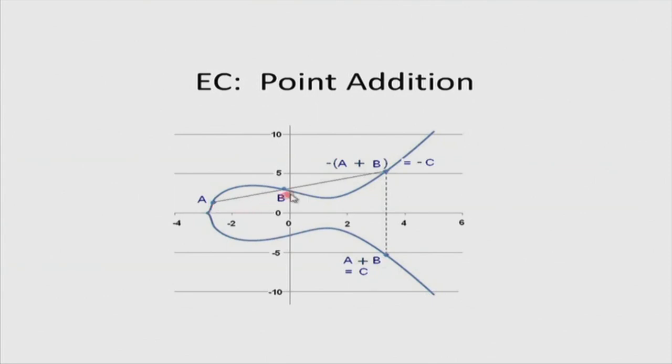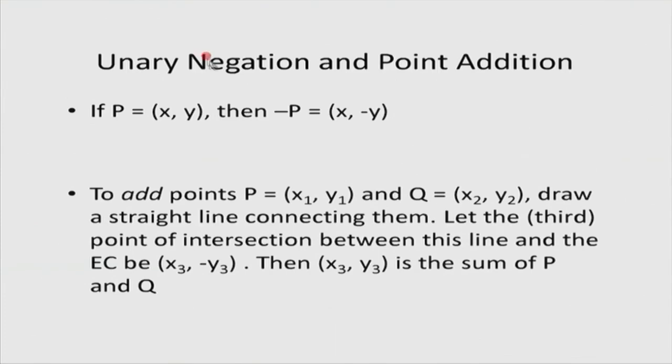I connect A and B and it hits the curve at this point, which is actually minus C. So I need to find the negative of this point to obtain the sum of A and B. And the negative of a point, as mentioned on the previous slide, is: if the coordinates are x, y, then the negative of that point is to take the same x coordinate, but take the negative of that y coordinate.